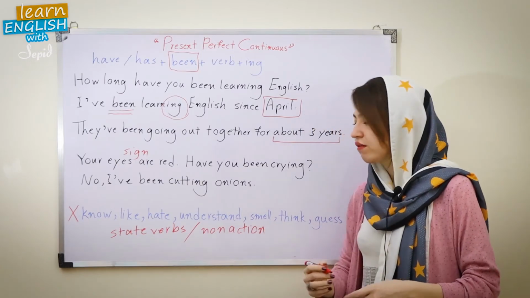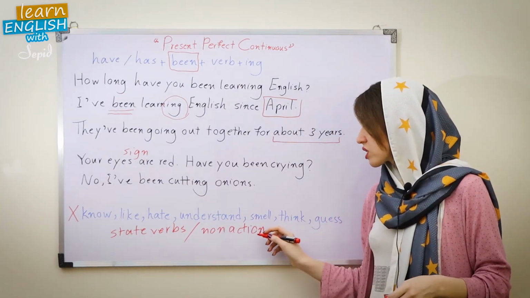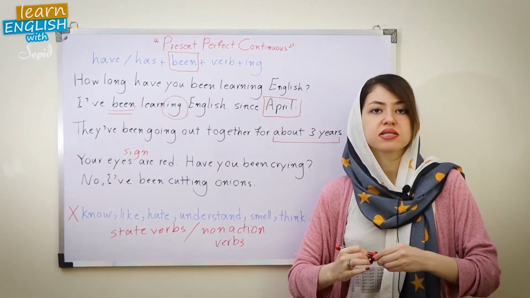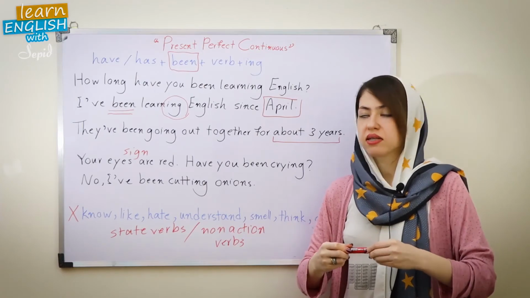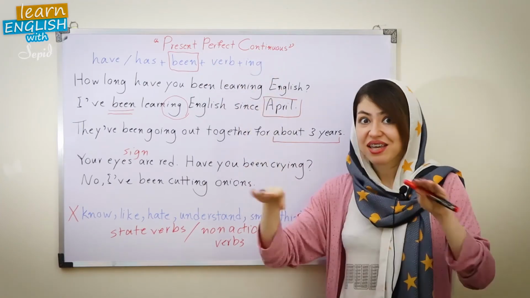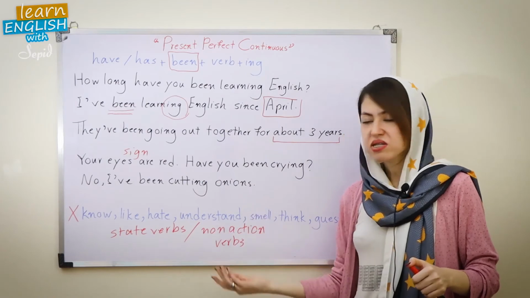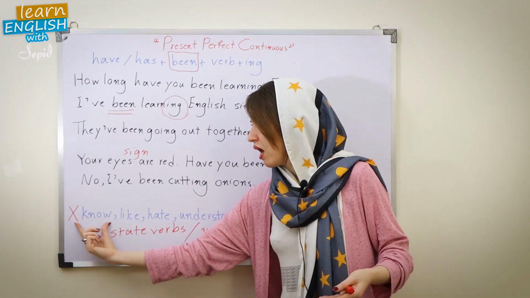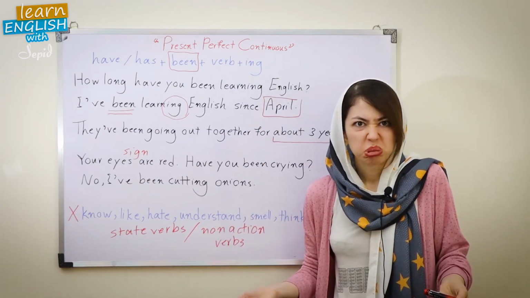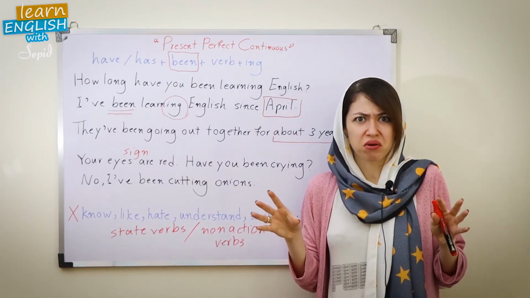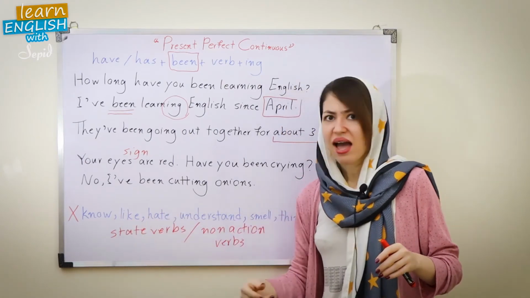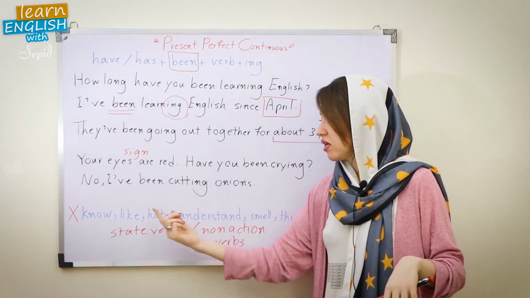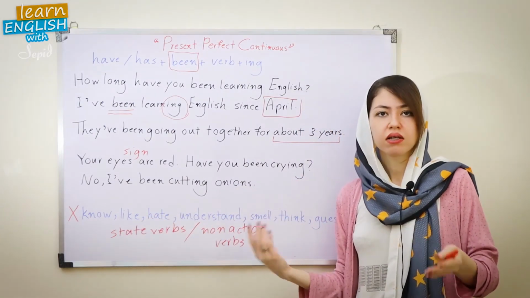If you have non-action verbs, you can use these types of verbs in present perfect simple form, but not in present perfect continuous or any continuous forms. For instance, you haven't heard somebody saying, I am knowing you. It's kind of rare. Or I have been liking. Again, it's rare.